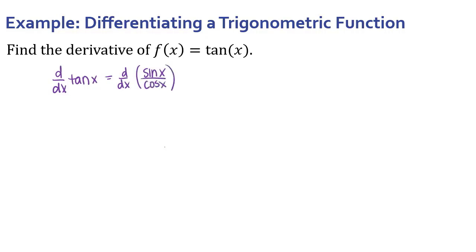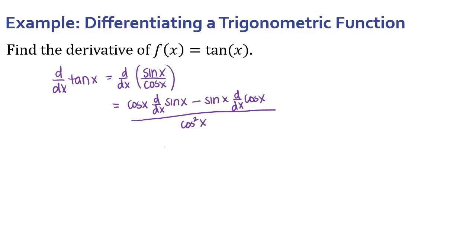So at this point, we can use the quotient rule to evaluate this. That's the denominator times the derivative of the numerator minus the numerator times the derivative of the denominator, all over cosine squared x.